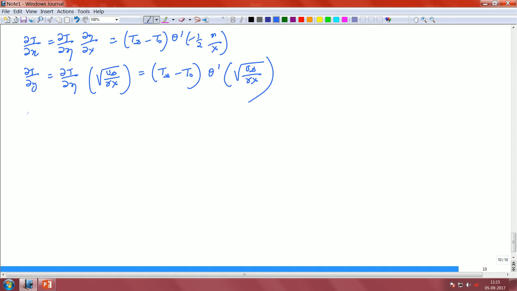These are once again simple math. Now, you put all these things together in the main energy equation. So, that will give you U infinity F prime.